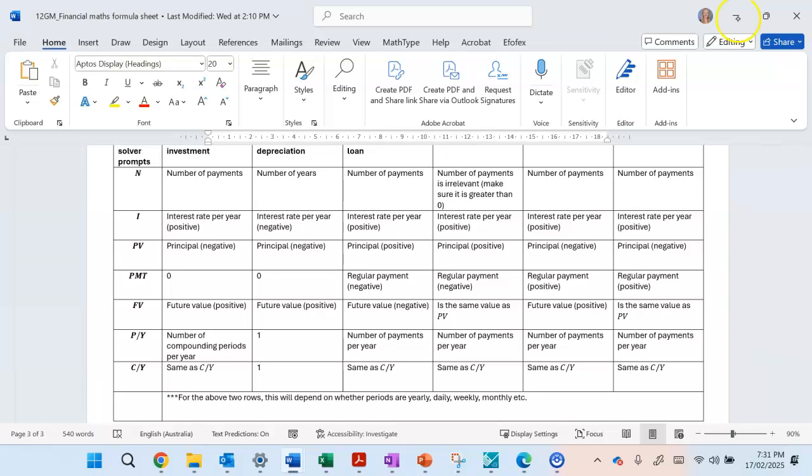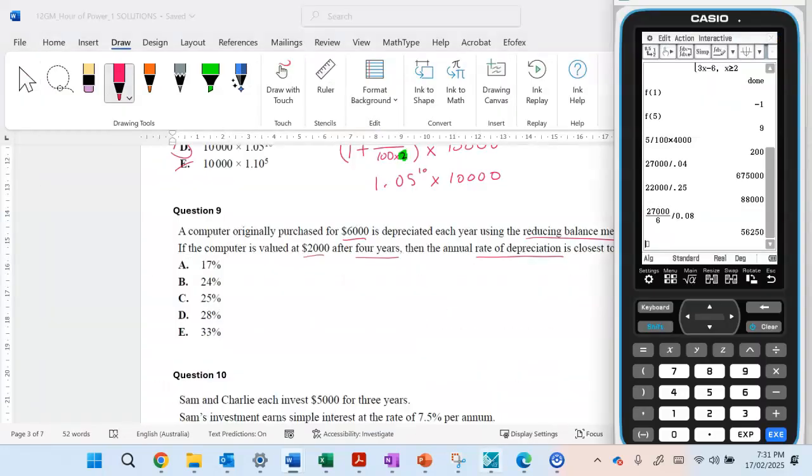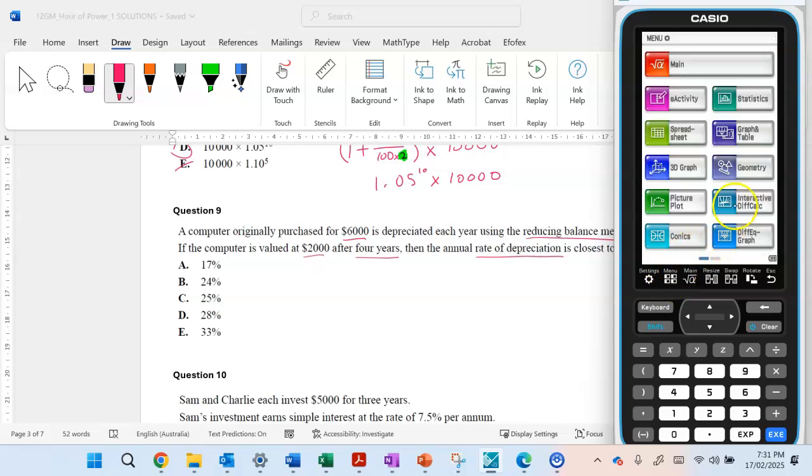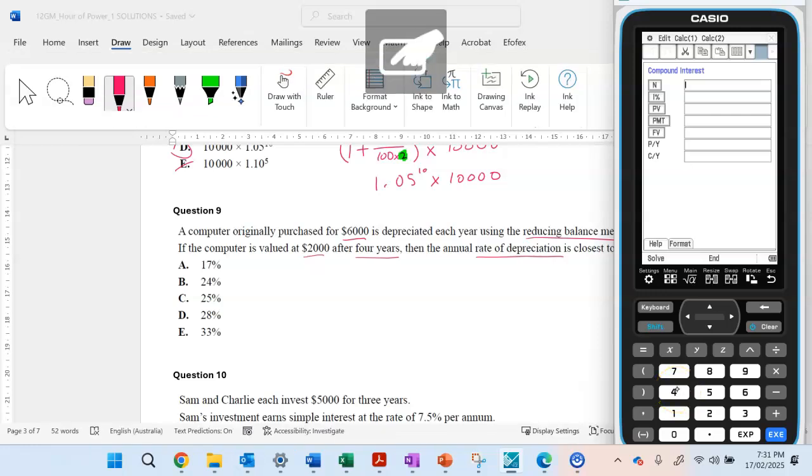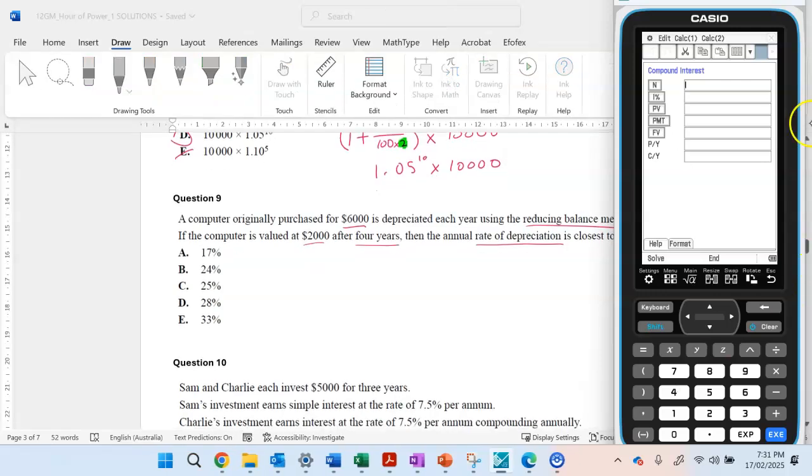All right, so we're going to put all that into the calculator. Going to menu, then financial, and clear whatever you've got in there. We're doing it for 4 years, so 4. The interest rate is what we're calculating, so we'll leave that for now.